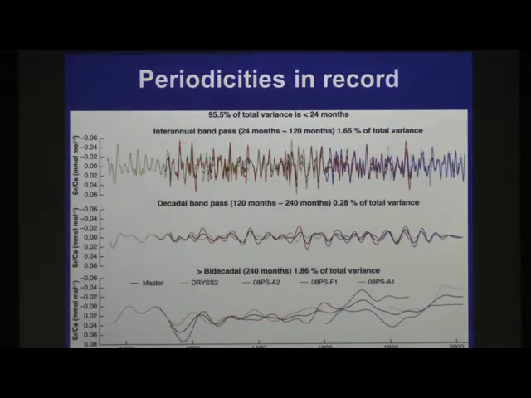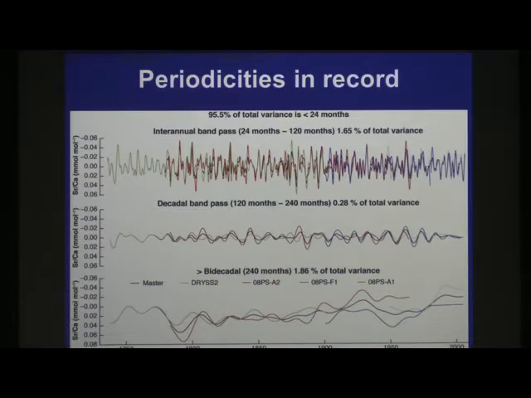The next thing I wanted to do was to go through the record and do some bandpass filtering. So where is the variability in the record? Looking at the different bands, the top is the interannual band, 24 months to 10 years or 120 months. Then the decadal band from 120 months to 240 months, and then greater than 240 months.